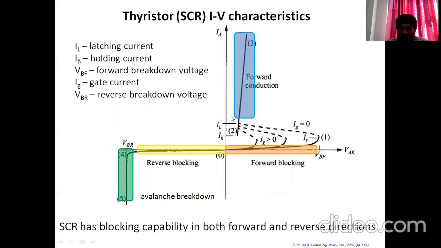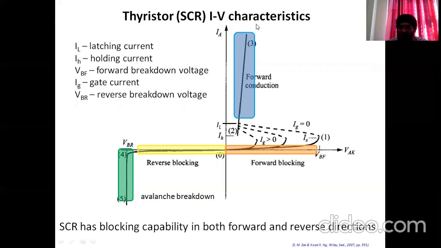So graphically, these IV characteristics look like this. Method A is this one, the forward blocking voltage. We keep on increasing the forward voltage until we reach this forward breakdown voltage. In method A, the avalanche breakdown happens, and all of a sudden the switch closes, and the voltage across this switch, meaning across this SCR, drops.